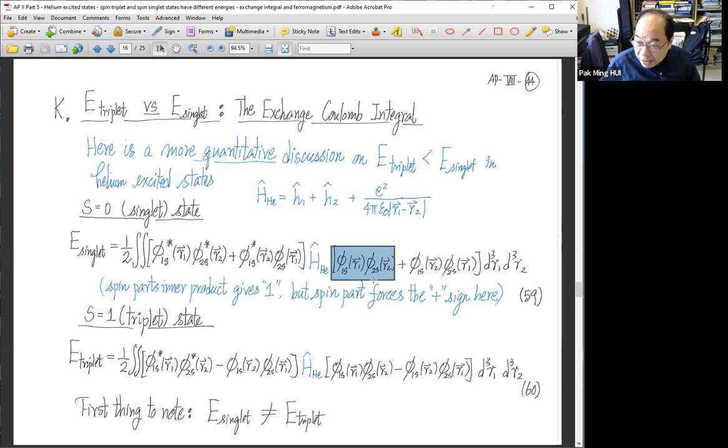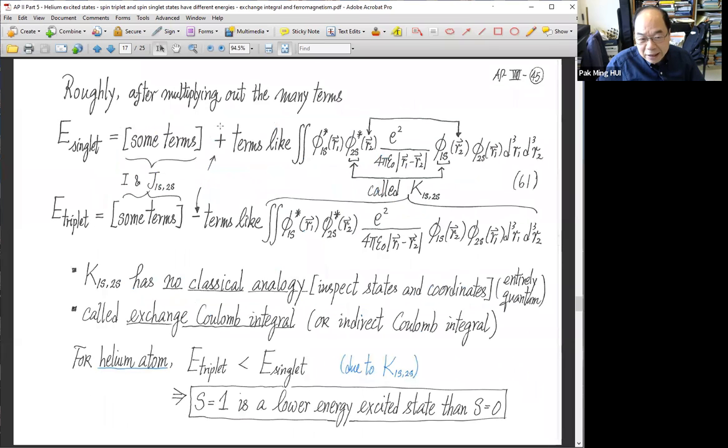That will be another exchange integral term, right? Or you start with this minus sign, Coulomb, and then go with this term, again another K integral term. So that's why I claim there are terms like this. But I think I get this sign right because of the different symmetry. Okay?